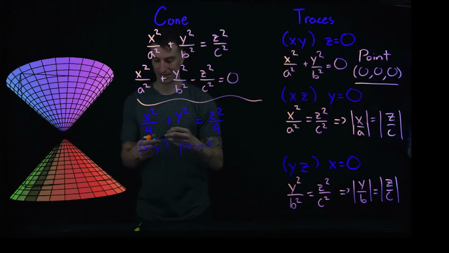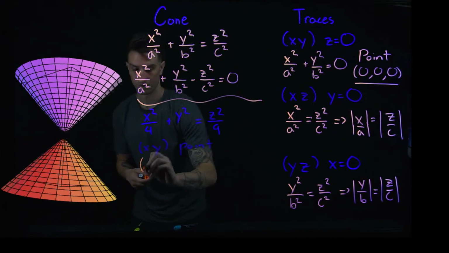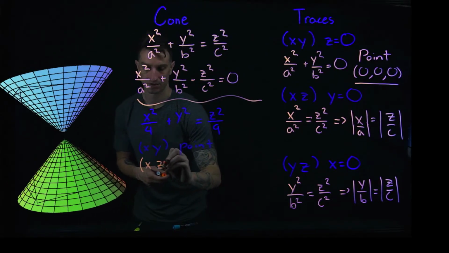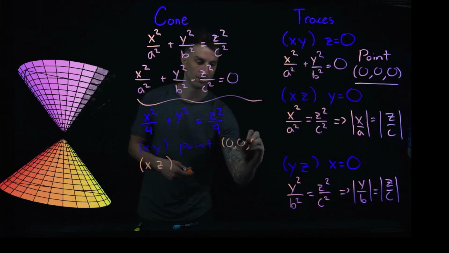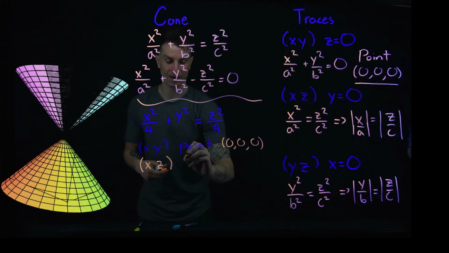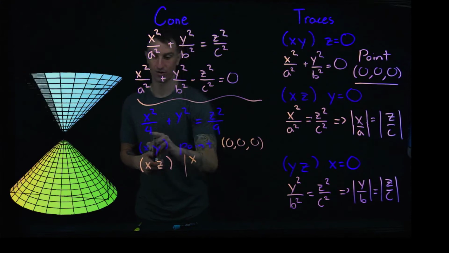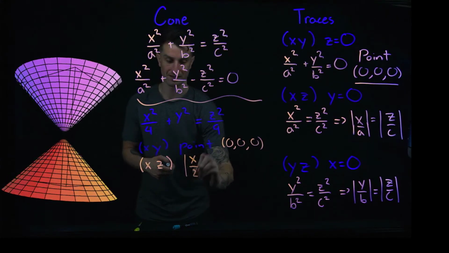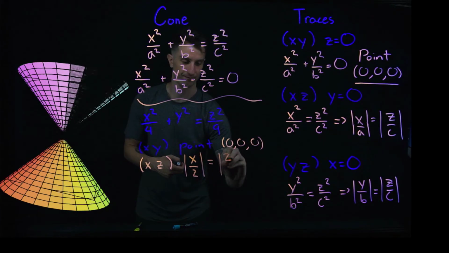In our xz plane, this is still at 0, 0, 0. In our xz plane, we're going to end up with these absolute value signs, where we're going to have x over 2 is equal to z over 3.